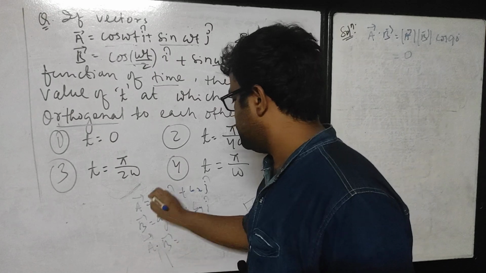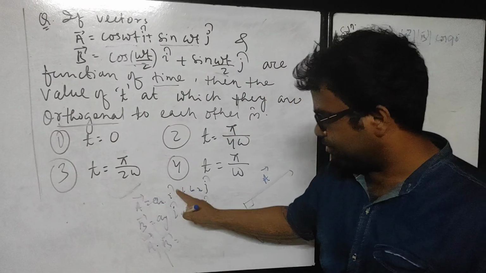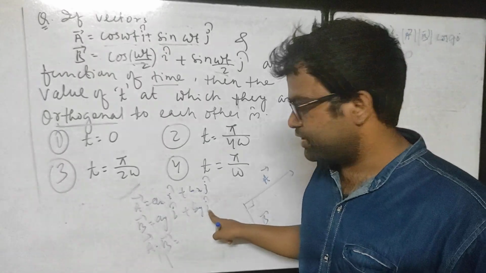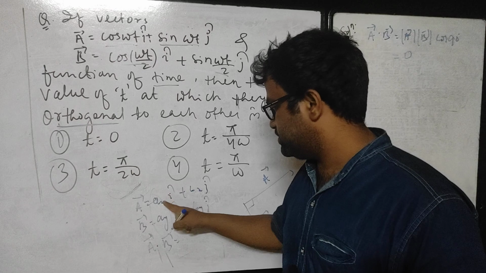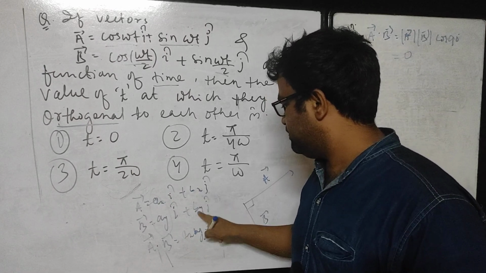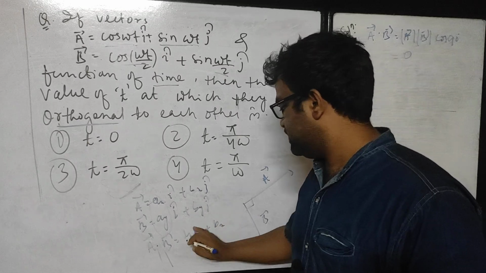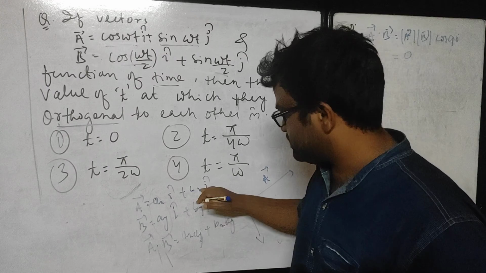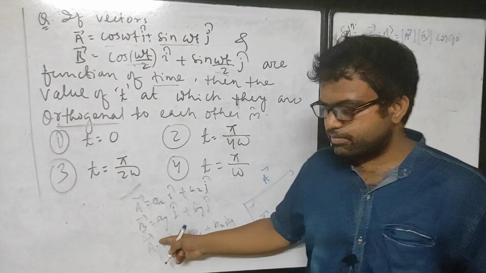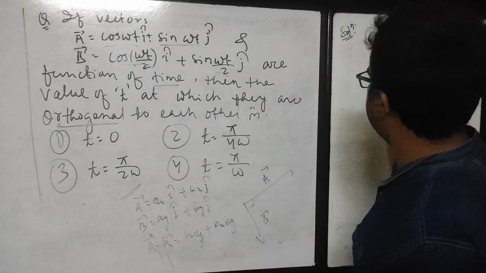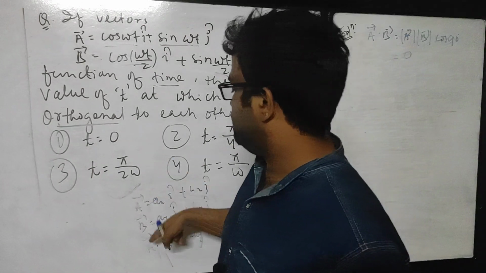A dot B will be the multiplication of the coefficients, because i dot i is 1 and i dot j is 0. So those cross terms will not be there, only the i dot i and j dot j terms. That means the coefficient of i will be multiplied and the coefficient of j will be multiplied. This is what A dot B is. So here we will use this rule.